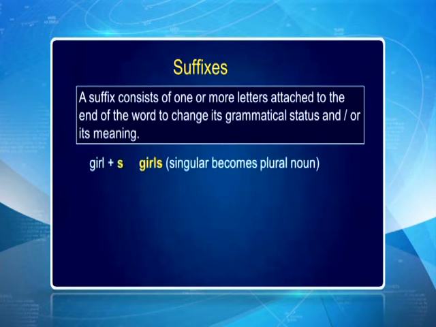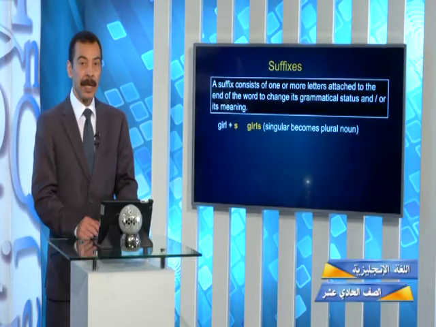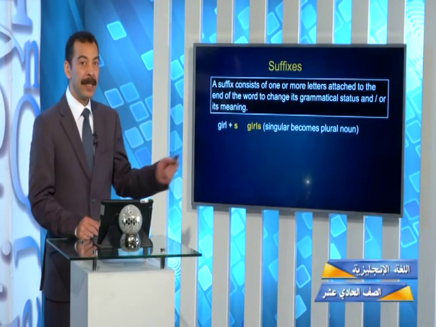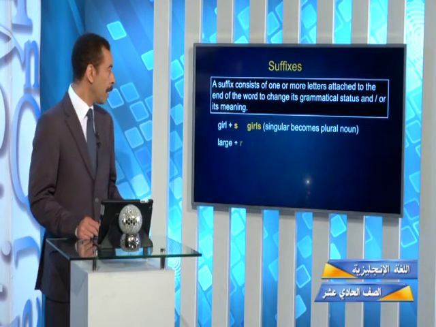Now here we have girl plus s becomes girls. Here girl is the root, that is the original word, and we add the s suffix, and it becomes a new word which is girls, meaning the plural form of the word girl. Singular becomes plural noun just by adding the suffix s.